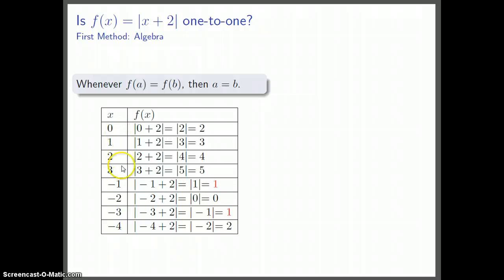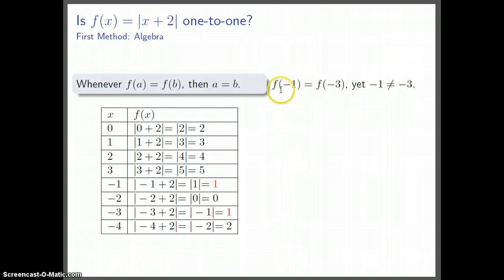What we did was, when we plugged in x equal to -1 into the formula, we got y equal to 1, or f of -1 equals 1. We also got f of -3 equal to 1. So let's summarize that right here. Both sides of this equation are equal to 1.